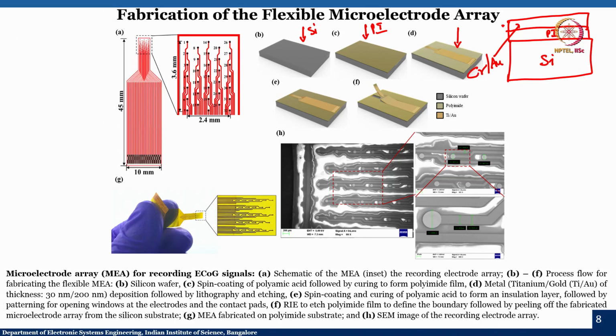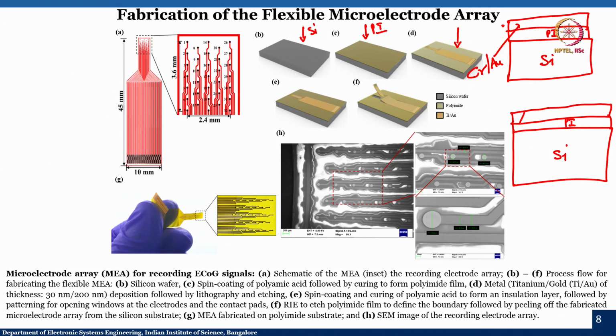Now, what you do is you load the mask. This is a representative image, so do not worry about it. Now, what do we do? Over PI you have chrome gold, right?